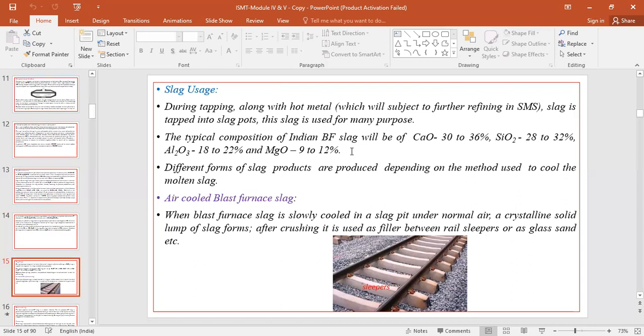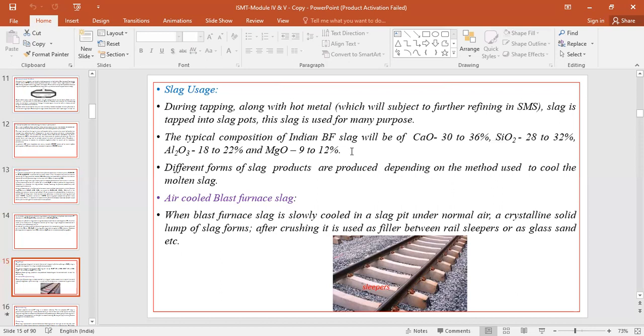And this slag, whatever is generated, can be cooled down, and depending upon the kind of application we give different cooling techniques. Nowadays they are doing slag granulation and also cleansing of these slags.